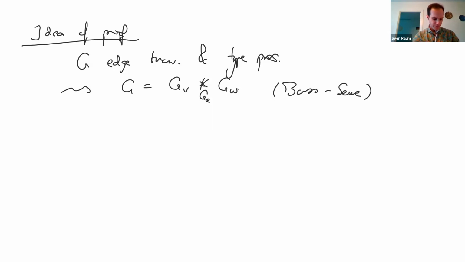And that also gives us an amalgamated free product decomposition of the group von Neumann algebra.